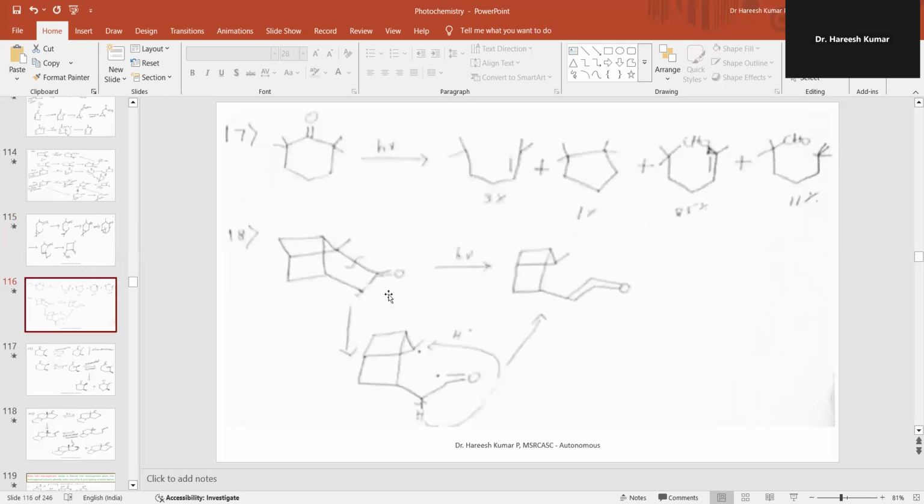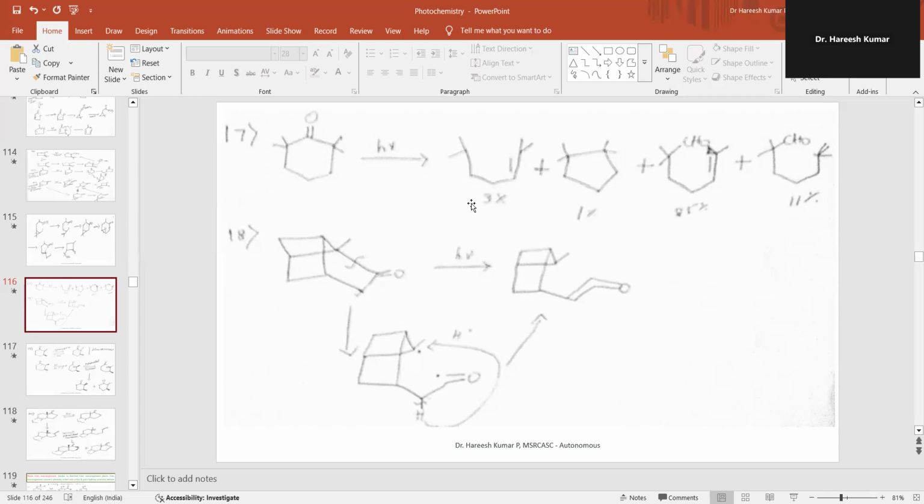In the next slide, I'm taking one more example. Again, this is a symmetrical ketone. This one on irradiation gives removal of carbon monoxide. Hydrogen abstraction from this carbon forms this product. And suppose if there is no hydrogen abstraction here, then cyclization, then this will be the product.